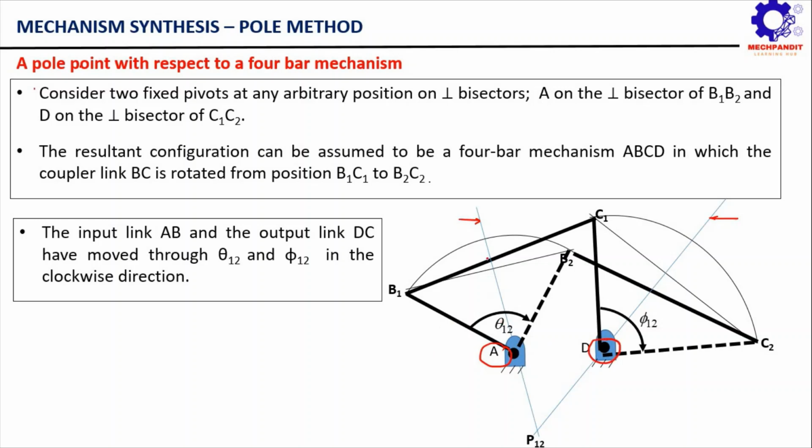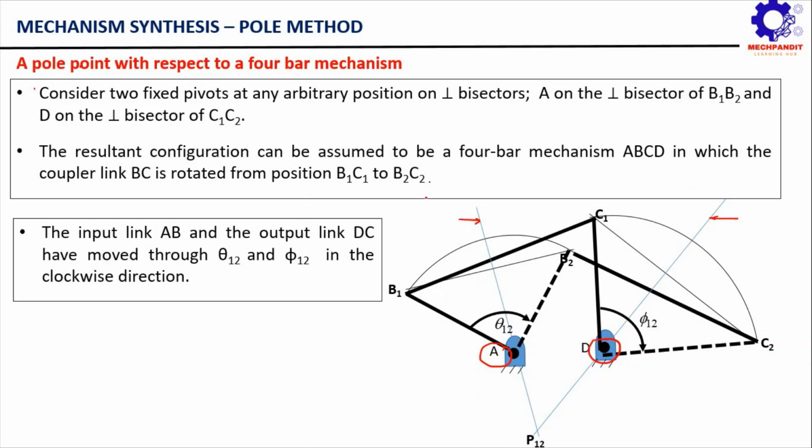These two points can be located arbitrarily at any position on these two perpendicular bisectors. Now simply join this point A with B1 and similarly this point A with B2. In the same fashion, you join this point D with C1 and C2.